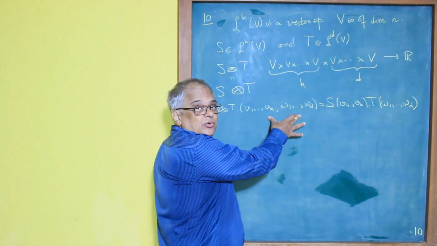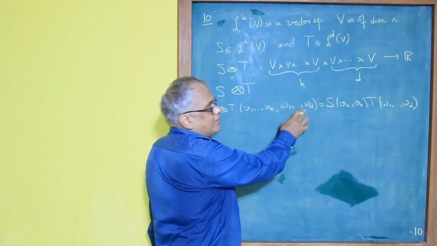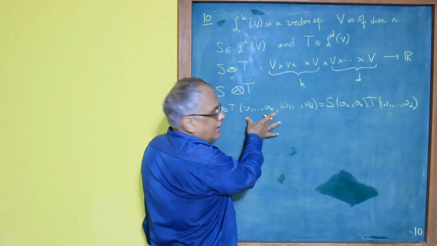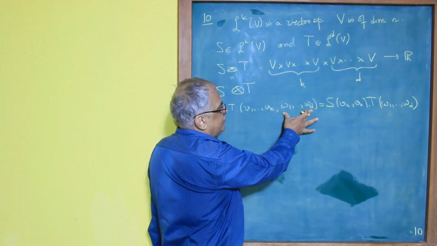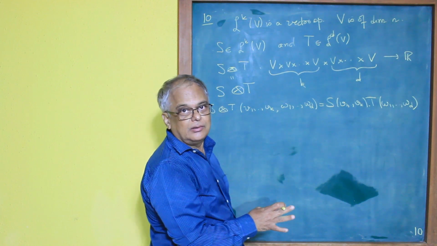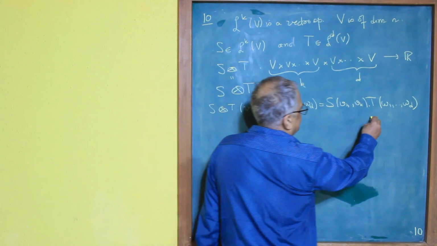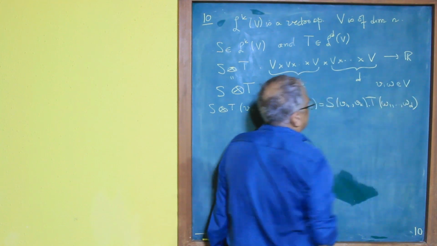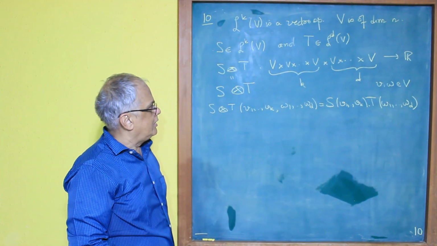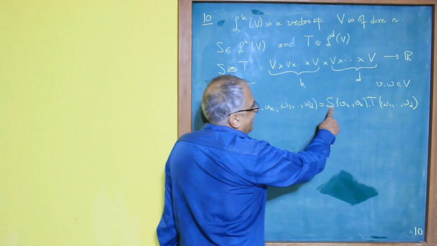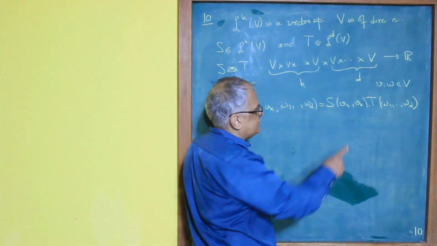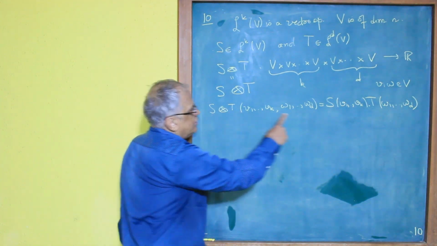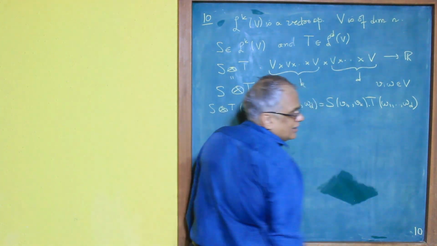I have to tell you what it does to K plus D copies of V. So I'm taking K elements in V and D elements in V, each W in V. And what I do is I apply S to the first K elements and apply T to the next D elements.